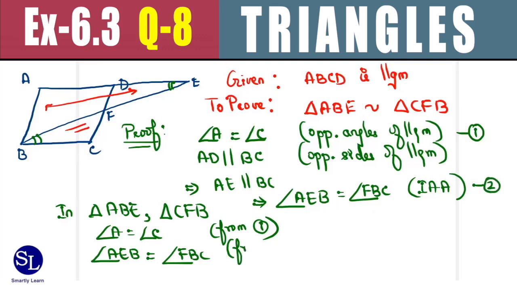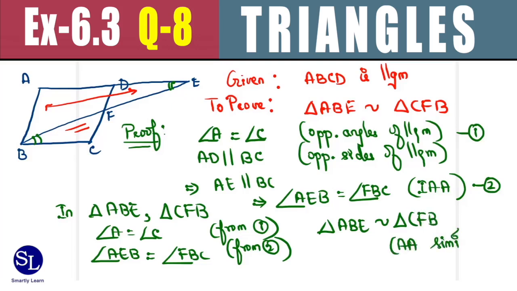So I'm putting this as 2 as my justification. There are two angles that are equal. Therefore, triangle ABE is similar to triangle CFB using AA similarity. In order to arrive at these two angles, we did the calculation before. Now that we have done that, we can write it nicely inside the proof for the triangle. So that's done, so hence proved.